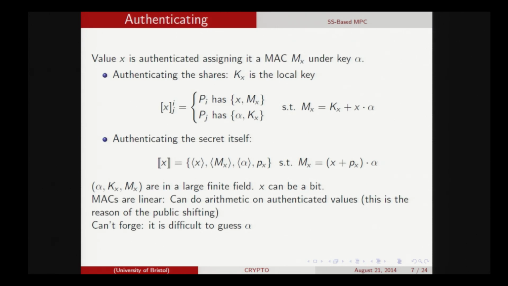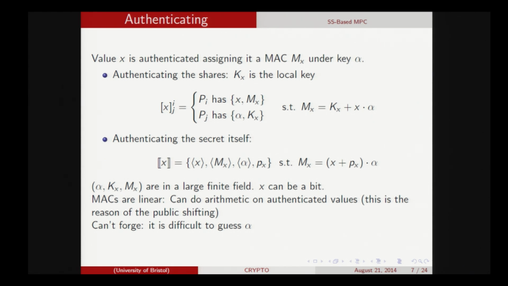The second ingredient that we need is a way to authenticate these values. This basically ensures that the parties cannot change their mind and open to a different value than the one that was secret shared in the first place. We know of two ways of authenticating the values. The parties can choose to authenticate the shares of the other parties, and they do so by putting tags or marks on each share. So for instance, say that Pi has a value x that needs to be authenticated.